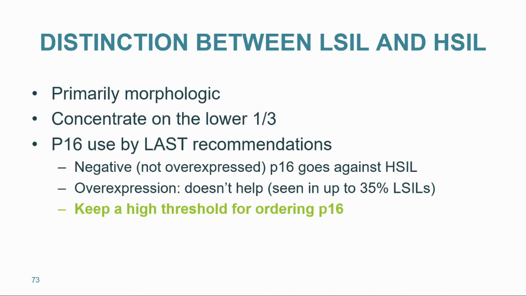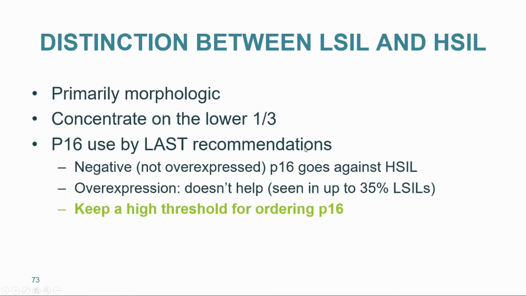P16 can help you if it's negative, because it will argue against an HSIL. However, P16 overexpression won't really help you because it's seen in about a third of lesions that are morphologically and biologically low grade. Therefore, keep a high threshold for ordering P16 and try to use your morphologic approach to distinguish those lesions as much as possible.